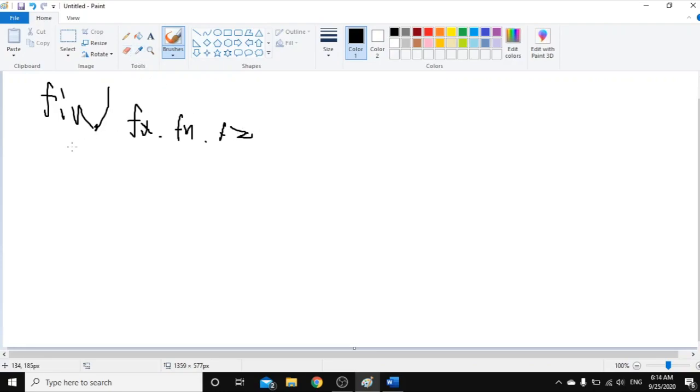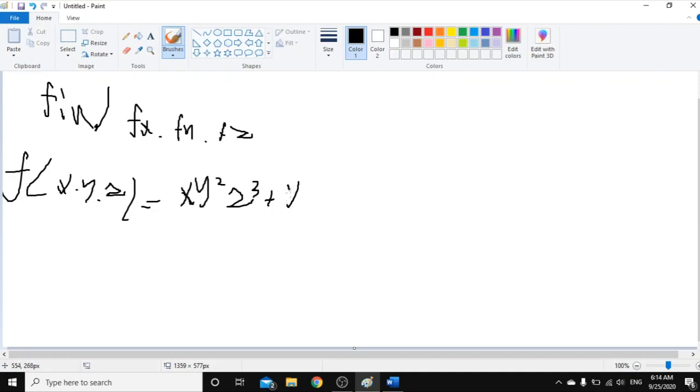Okay, the equation is f of x, y, and z is equal to x times y square z cube plus x cube times y plus ln with brackets x times z and plus x square.